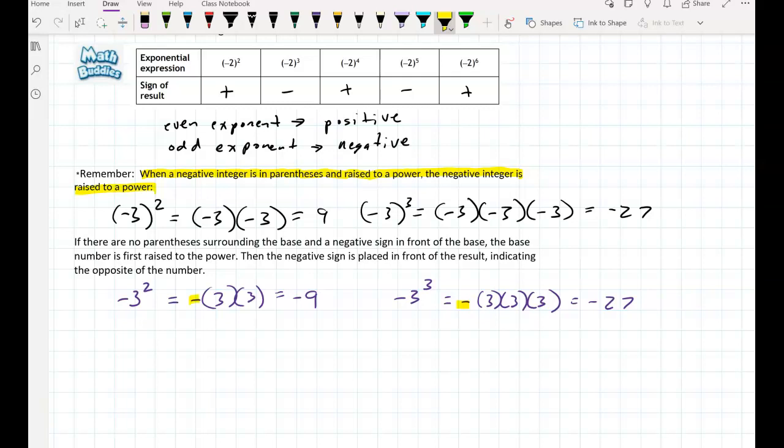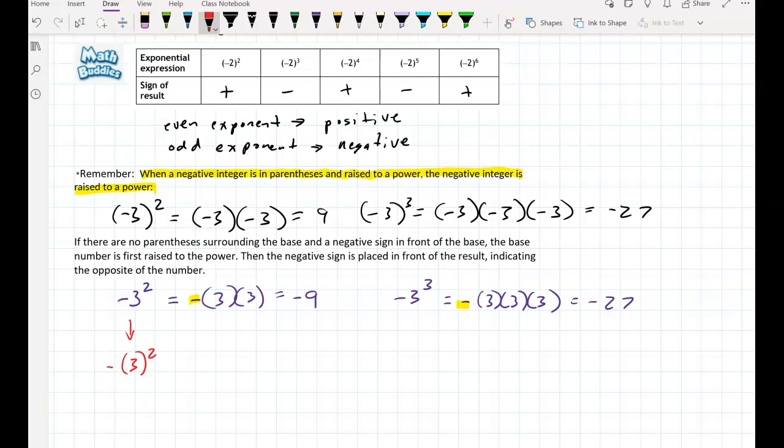Okay? So, another thing to consider is that if you see this, where you have the negative sign and no parentheses around the whole thing, that's also the same as the negative sign, and then you put that 3 inside the parentheses, like that.